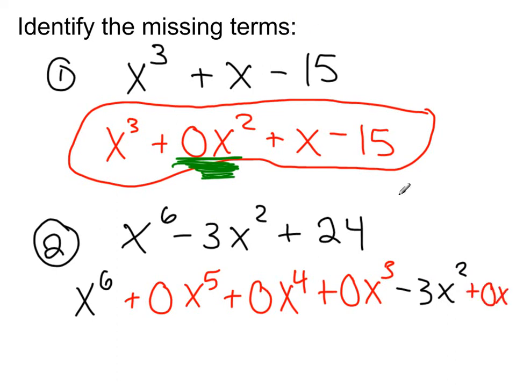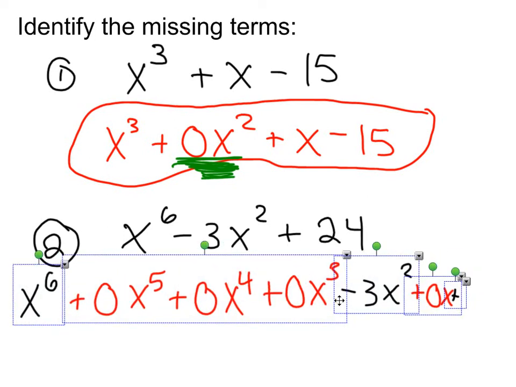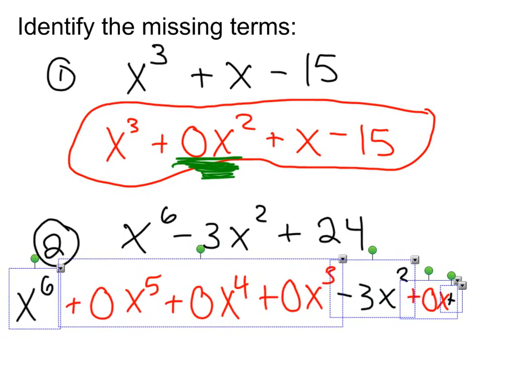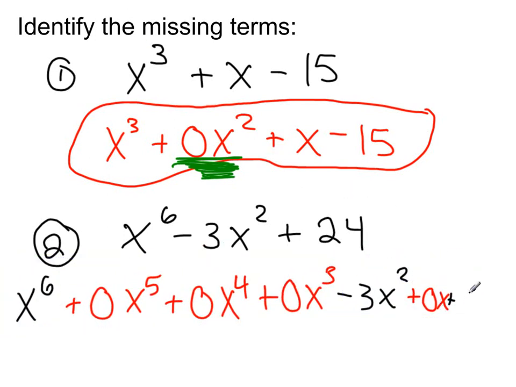And we do have a constant, and I don't know if you can see it. I'm kind of squishing it in, so let me move it over real quick. And we have a 24 at the end there. So we have a lot of missing terms here. So we have an x to the 5th missing, we have an x to the 4th missing, we have an x cubed missing, and an x.